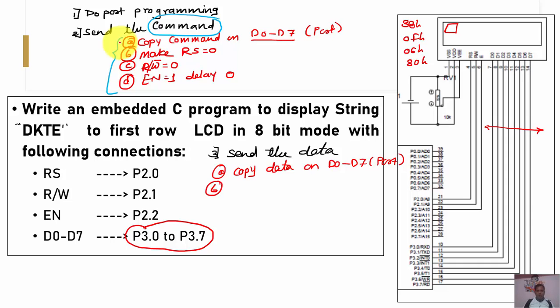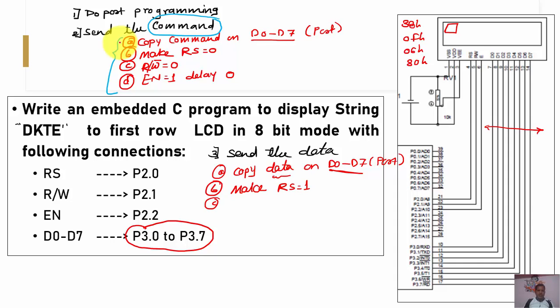Now this is the most important one. When RS is equal to 0, the command register is selected and the data present on D0 to D7 is treated as a command. But now as we are supposed to send the data, make RS equal to 1, right? So what will happen? The data register has been selected and the content present on D0 to D7 is treated as data and it is forwarded to the display.